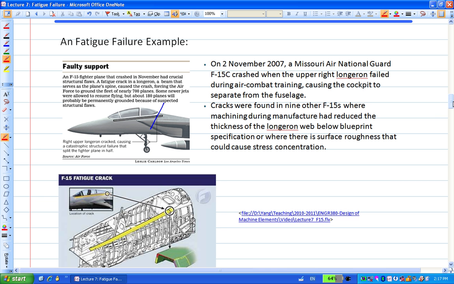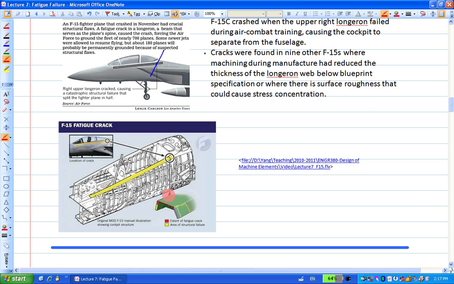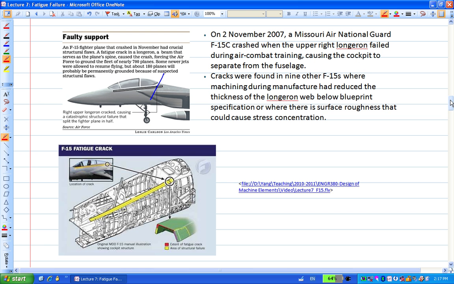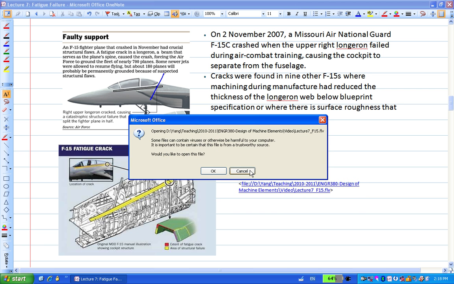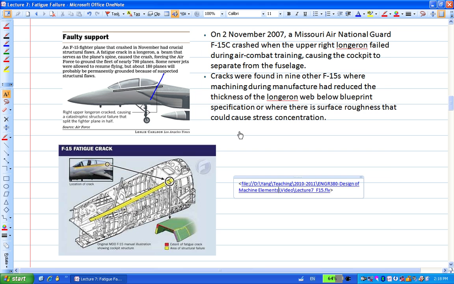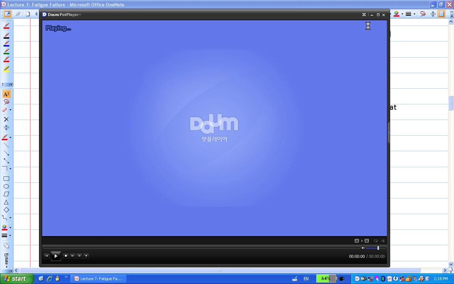This is the longeron here, and the upper right, if we enlarge that, refers to this location here. That location cracked and the airplane failed during the combat training. Here, later they did a little simulation of the airplane's failure process, and the moment of the failure.